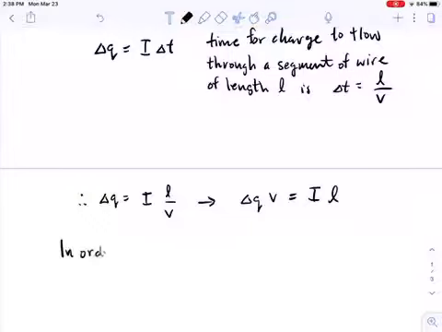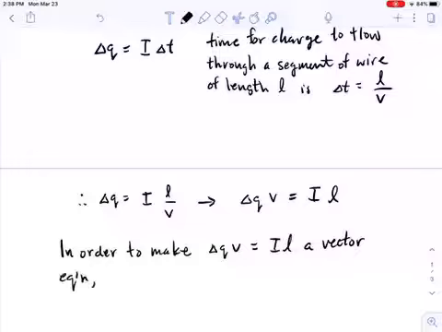So in order to make delta Q V equals I L a vector equation, I'm going to define a length vector L.